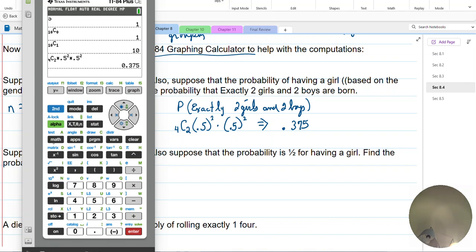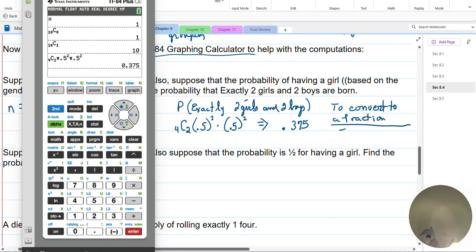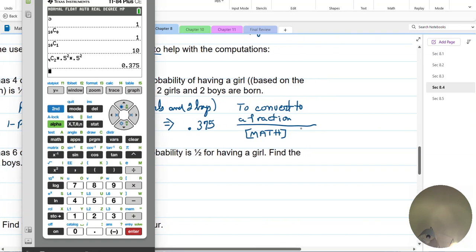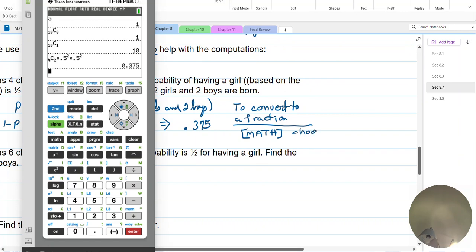So we want to hit math. Here's for your notes to convert to a fraction. After we get the answer there, we're going to hit the math key and choose number 1, frac, which means fraction.